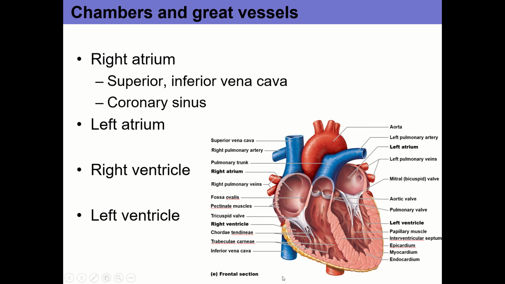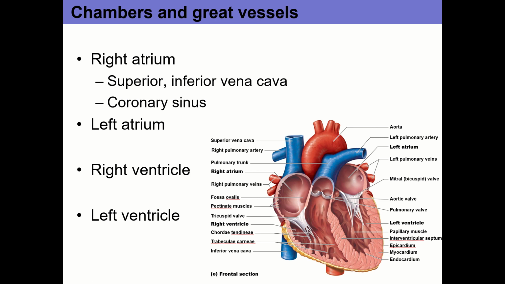As you might have guessed, all the blood returning to the heart from the lower body comes in this inferior vena cava. And then the coronary sinus, which is not pictured as far as I can tell, returns blood from the cardiac circulation. Your heart has its own circulation to supply the myocardium, the heart muscle, with blood.